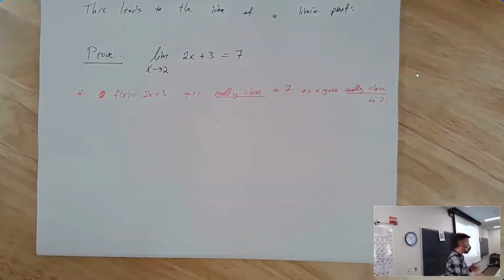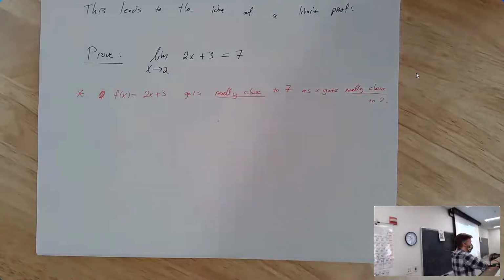The thing that this proof does is it makes you be more specific about what you mean when you say really close. Really close is not very specific. How close? 1/10, 1/100, 1/1000, 1/1,000,000. The problem is you can always get a little bit closer. No matter how close one number is to another, you can always find a closer number.